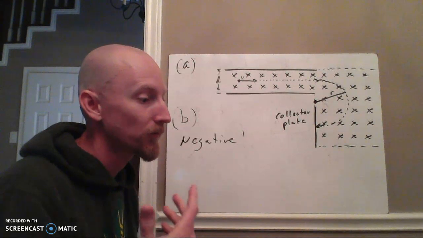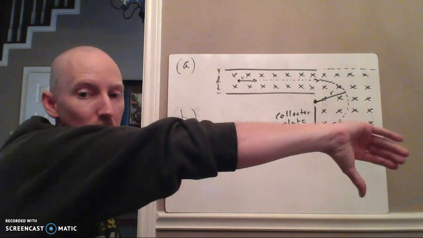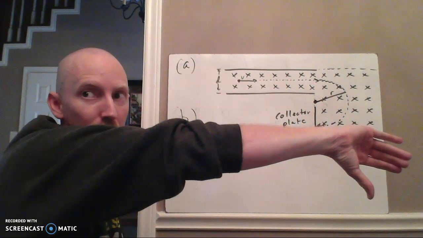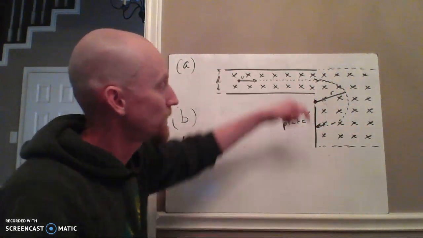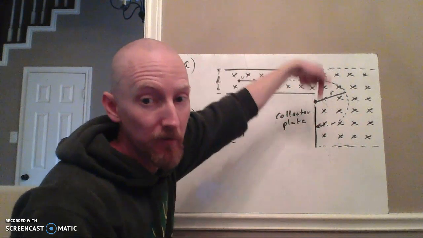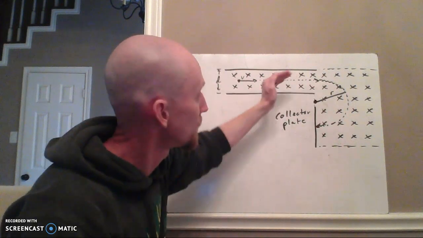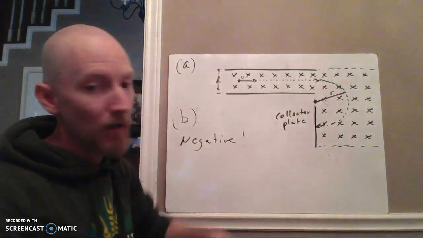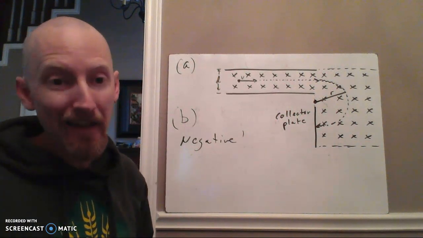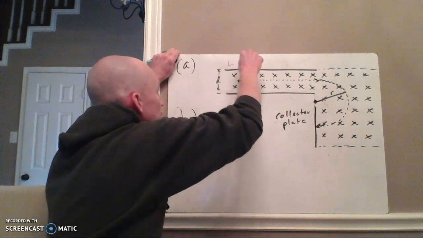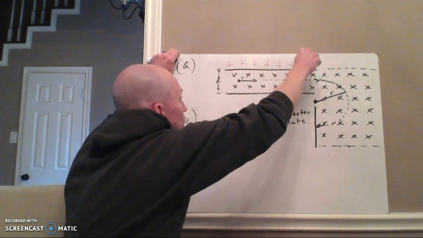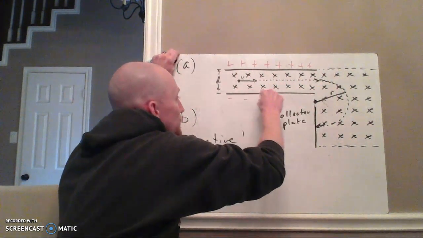For negative particles, you actually switch your hands for the right-hand rule. So the magnetic force is down, as we know, because it gets deflected down. Which means this should be the positive plate up here, and this is the negative plate.